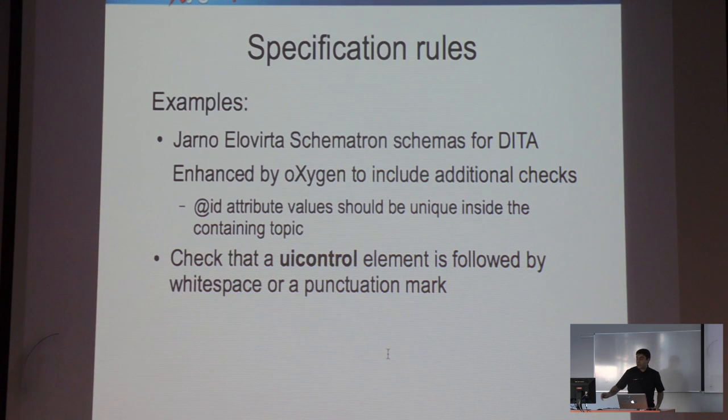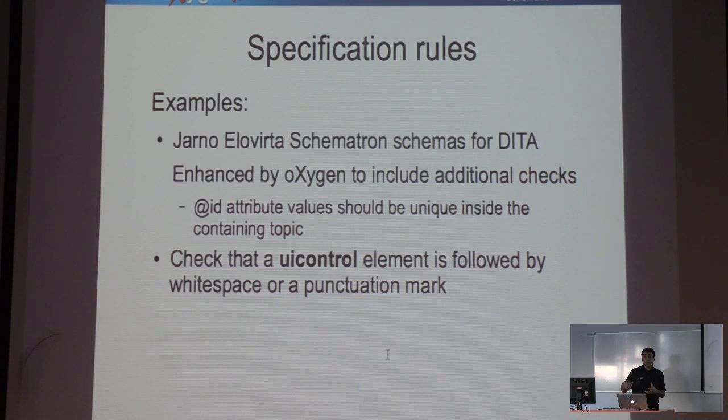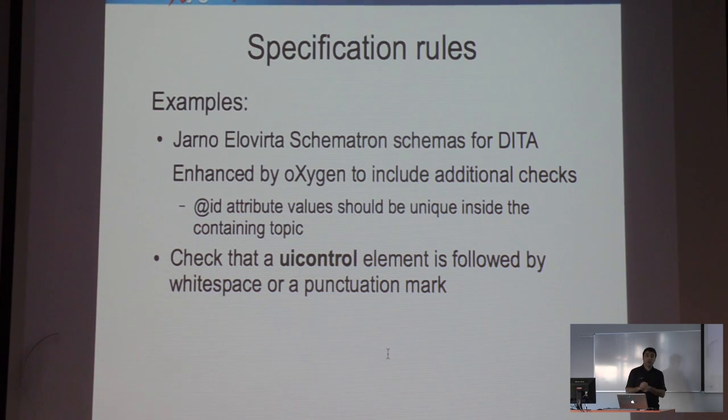The second use case was about enhancing the validation provided by DTDs or schemas, and there are, for DITA, for instance, Jarno Elovirta developed some Schematron schemas to check some rules that are in the specification but cannot be captured in the DTD or XML schema or in the future Relax NG.